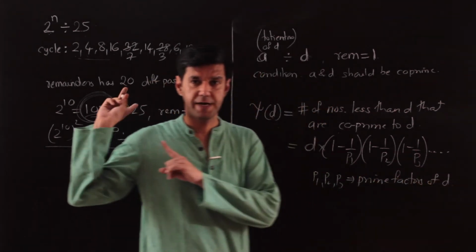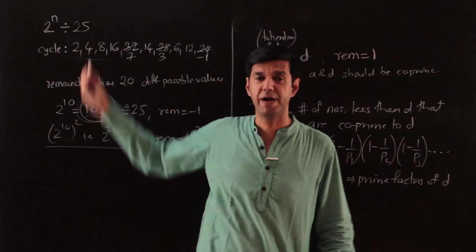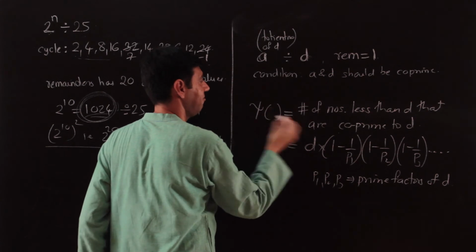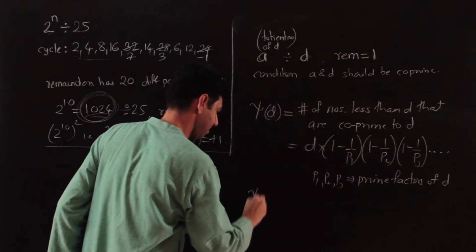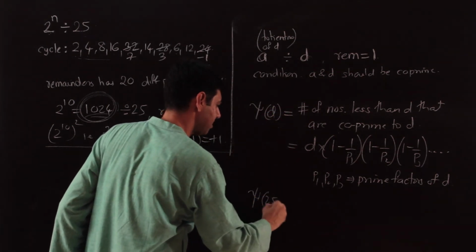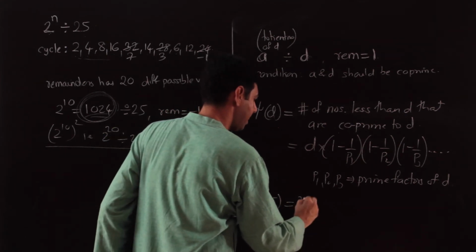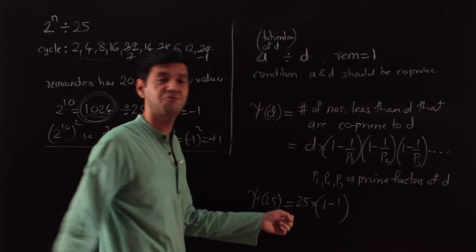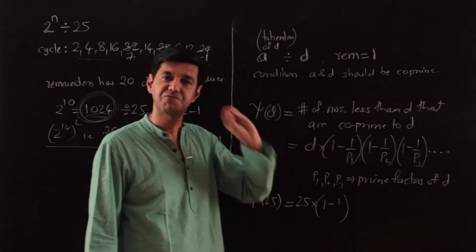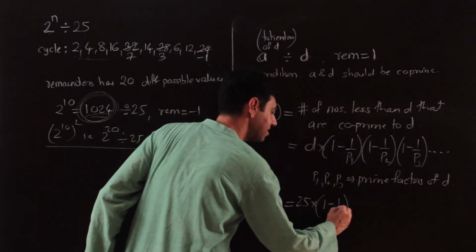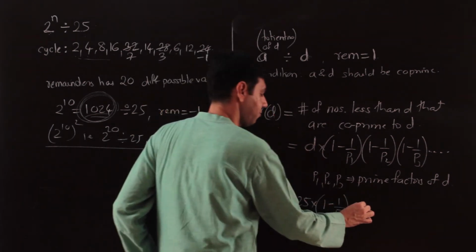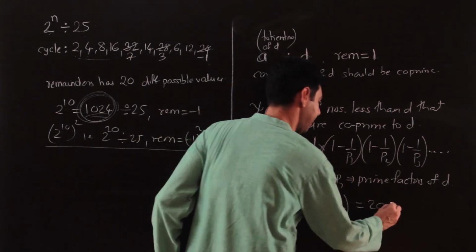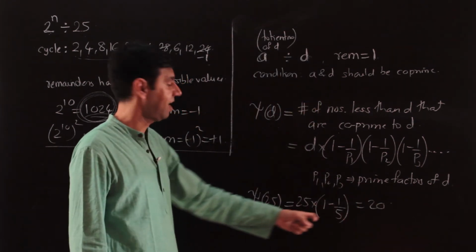So let's quickly see this. 25. Let's find the totient function of 25. It's a very easy one. Totient function of 25 is 25 into, thankfully, which are the prime factors of 25? Thankfully, 25 is 5 squared. There's only one prime which is 5. So this is all that you need to do. This is 4 by 5, 5 5s are, and this is 20. So the totient function of 25 is 20.